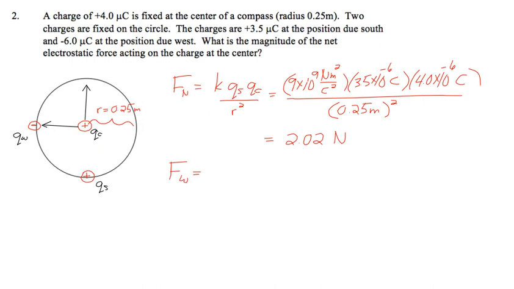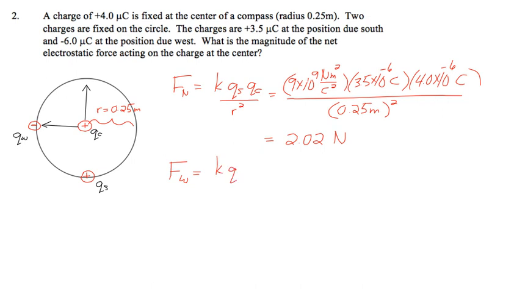And again, you'd get some points for the picture, you'd get some points for solving for the individual forces, but ultimately, you're going to want to solve for the net force, which means I am going to be adding up these two forces at the end. So the force west is going to be K, two Q's.